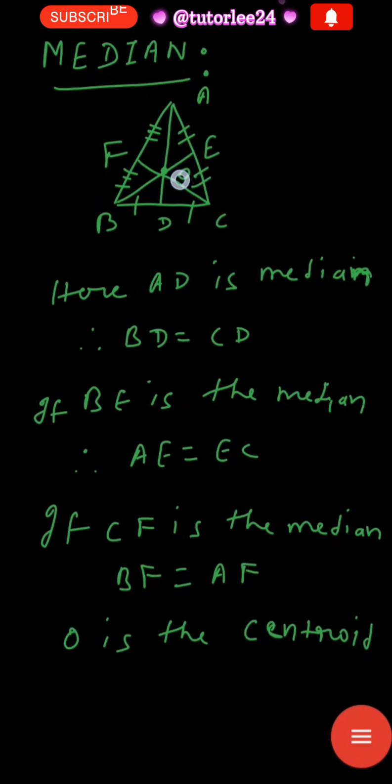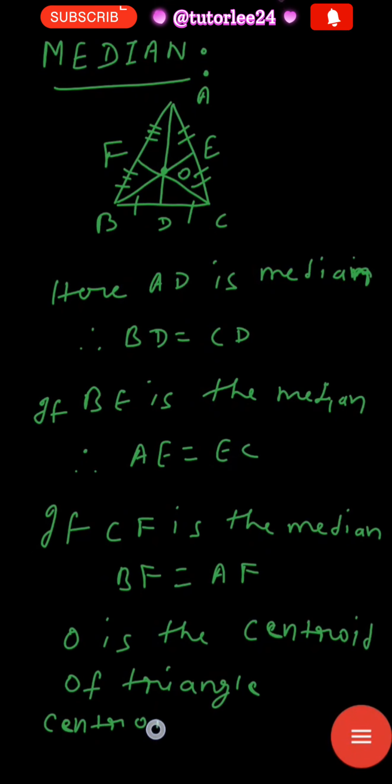Generally we denote the centroid by the letter G. So here O is the centroid of the triangle. And this centroid divides each median in the ratio 2:1.